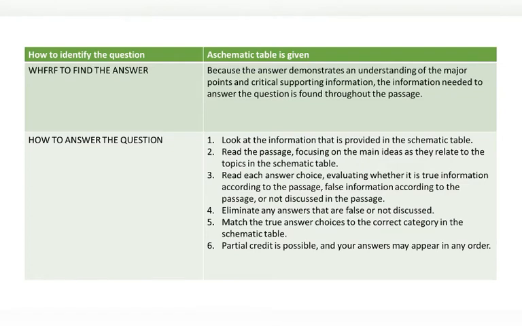Last, partial credit is possible and your answers may appear in any order.